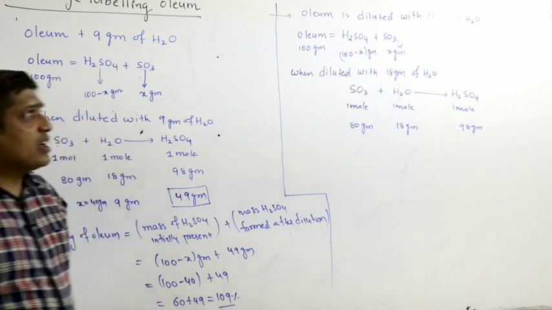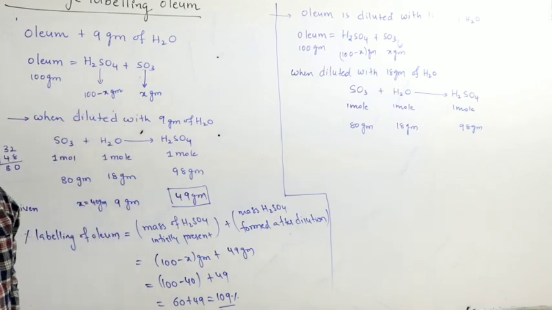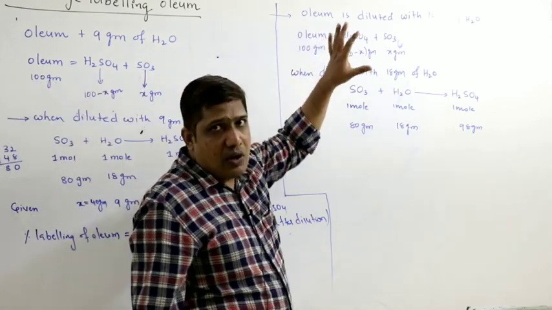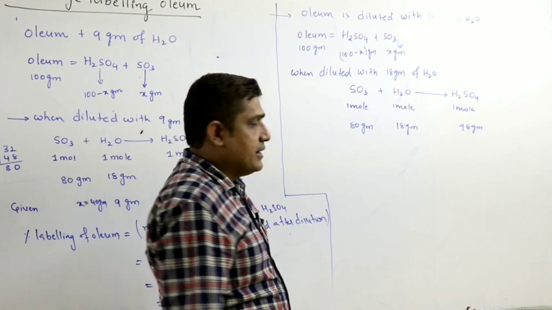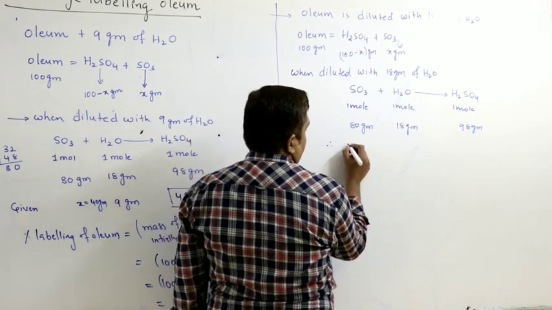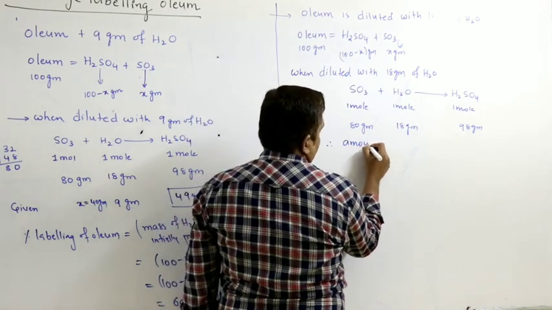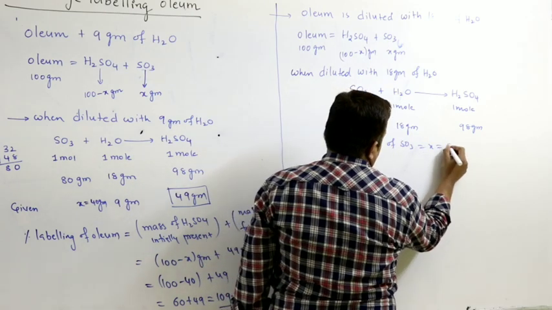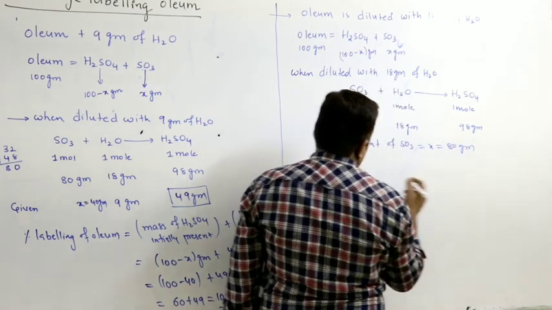So when I add 18 grams of water, it will combine with 80 grams of SO3. That means the amount of SO3 present is 80, therefore the amount of SO3, which is X, must be equal to 80 grams.